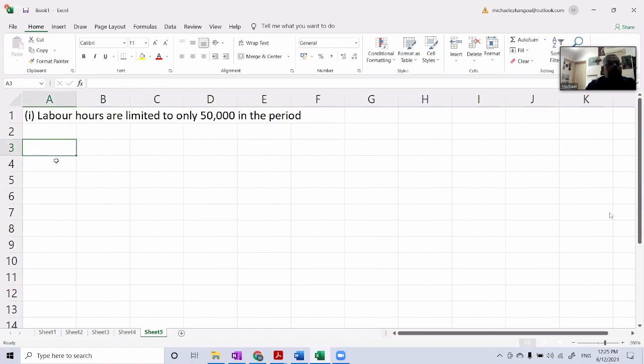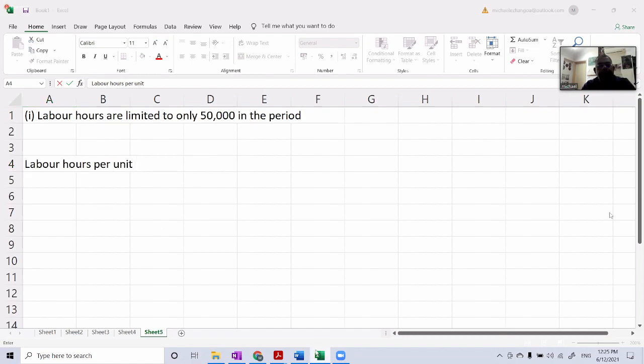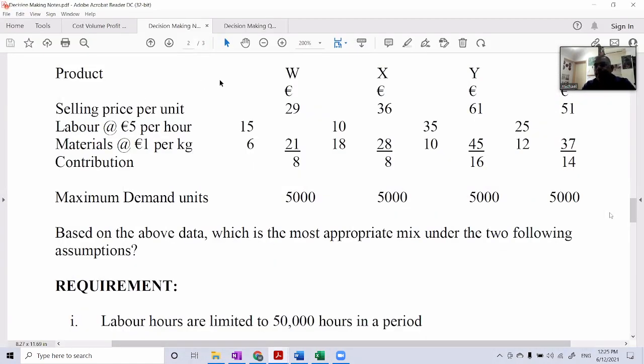We have the product. Yeah, we need to work out the labor hours per unit. Now, labor is paid at €5 per hour, and we have €15. Yeah.